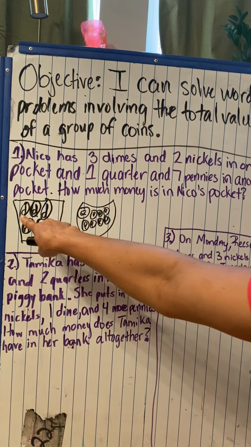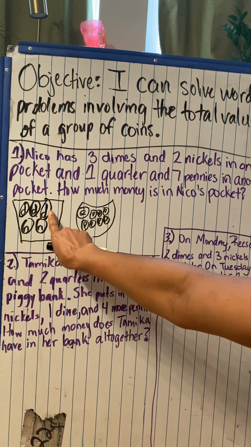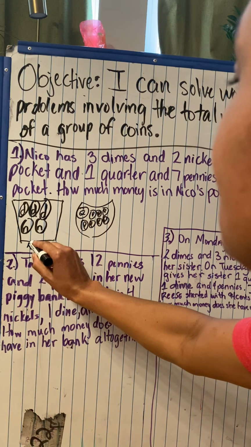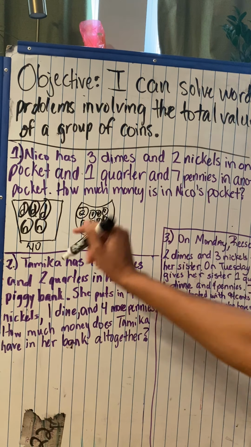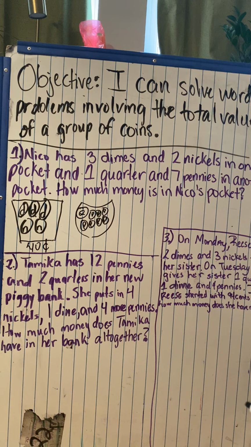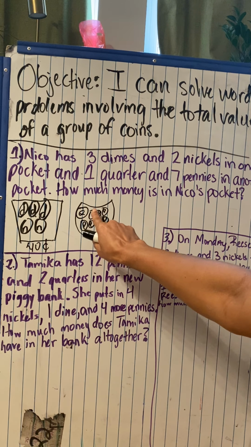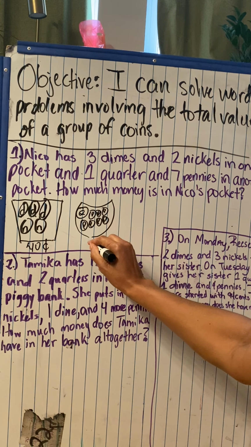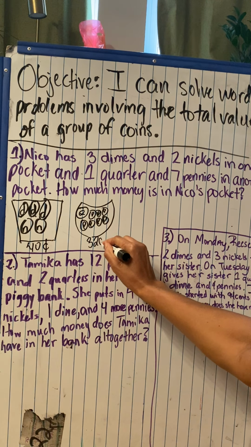So for the first pocket, I can count 10, 20, 30, 35, 40. So there's 40 cents in this pocket. 25, 26, 27, 28, 29, 30, 31, 32. There's 32 cents in this pocket.